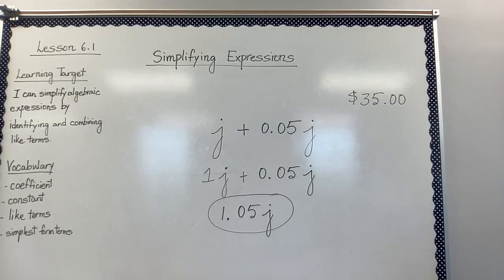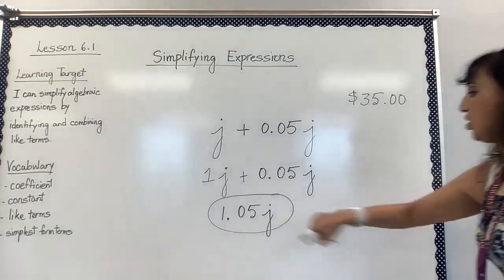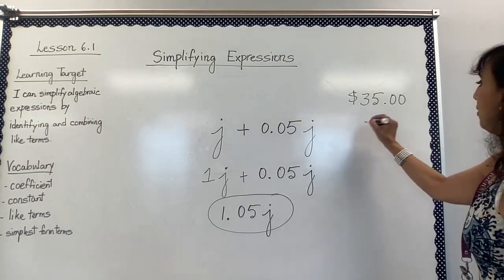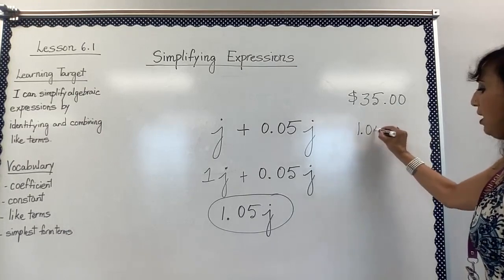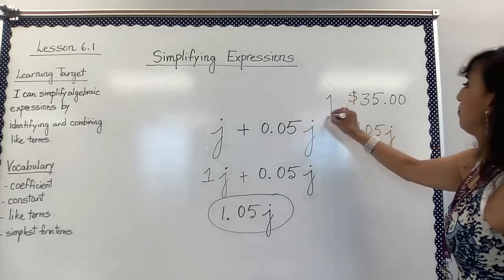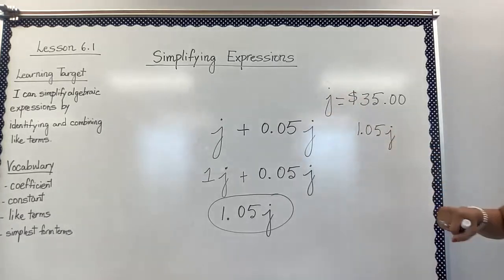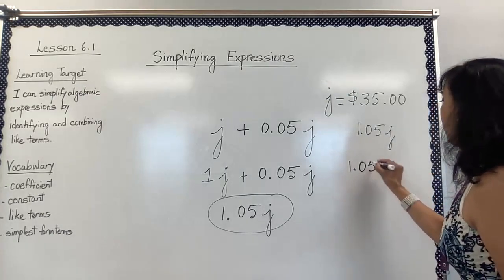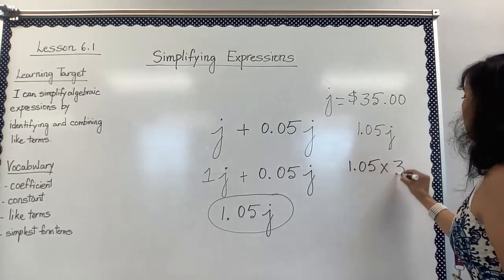Now all I need to do is take this expression over here, 1 and 5/100 j. Instead of j, because this is the price of j right now, we are just going to substitute the values, and I say 1 and 5/100 times 35.